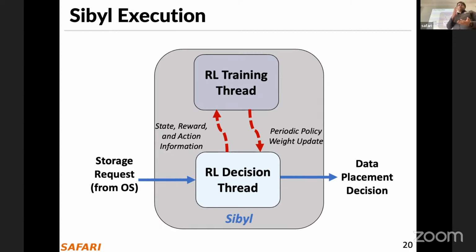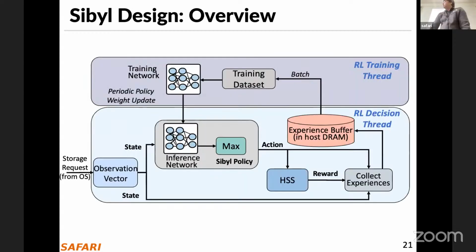If you have to train the network and then perform the inference, it adds a significant overhead on the incoming IO request. So as I said, this is asynchronous execution.